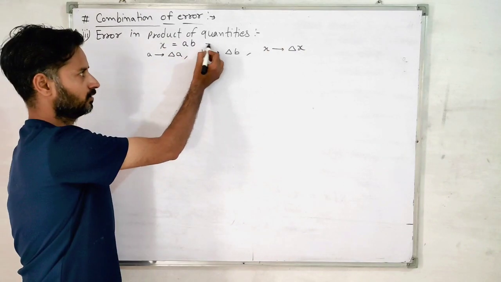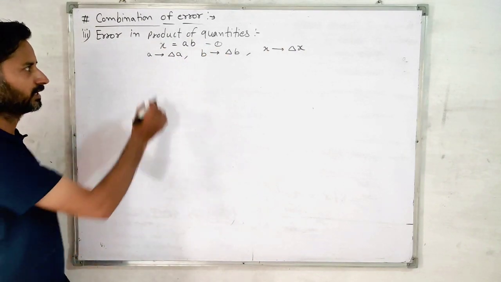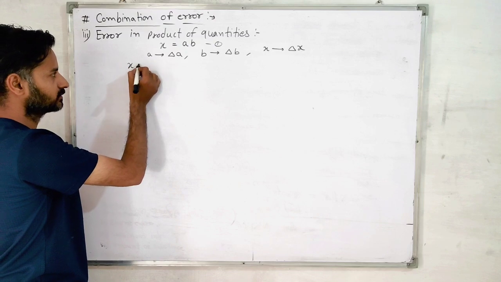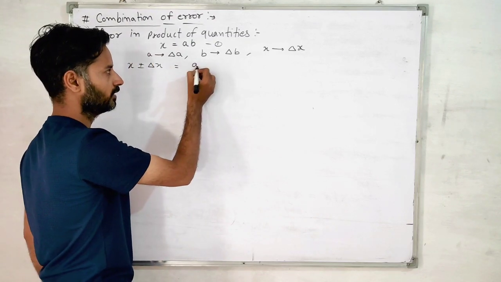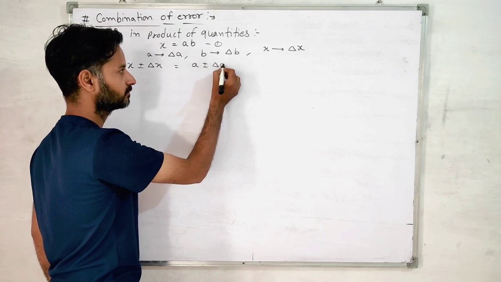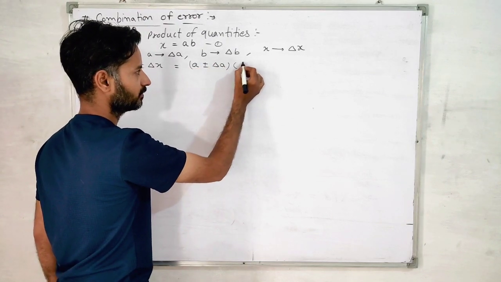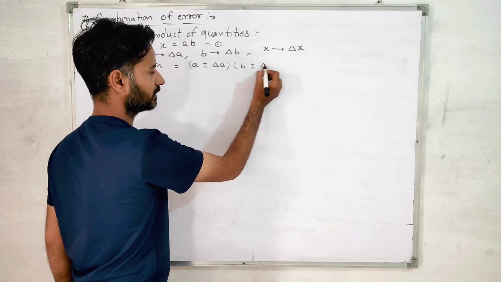Then, with error, we can write equation 1 as x plus minus del x equal to (a plus minus del a) multiplied by (b plus minus del b).